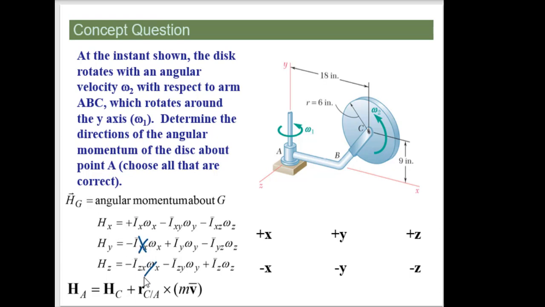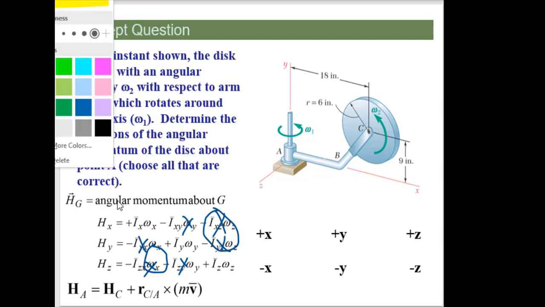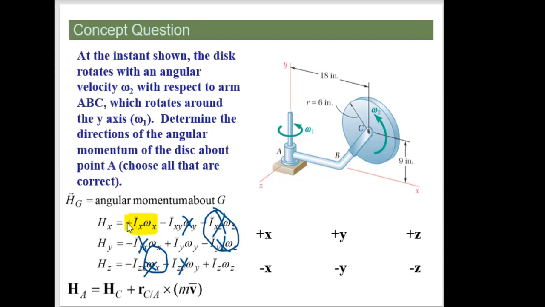Because it's symmetrical, we won't have to worry about any of these xz, xy. Those are all going to go to zero. And the main thing we're interested in here is these inertias around the center. So we have a nice symmetrical object, and we can look up the Ix, Iy, Iz for this disk.